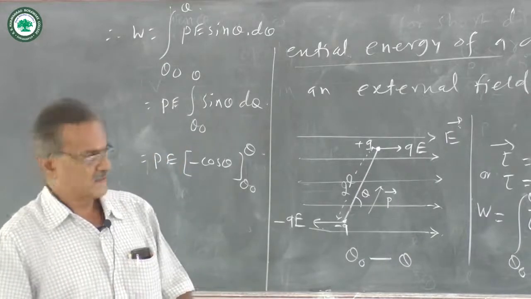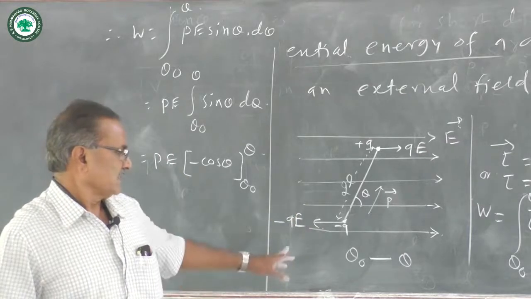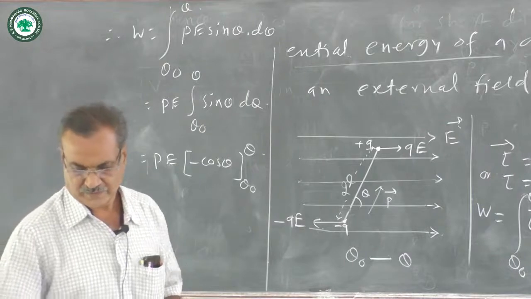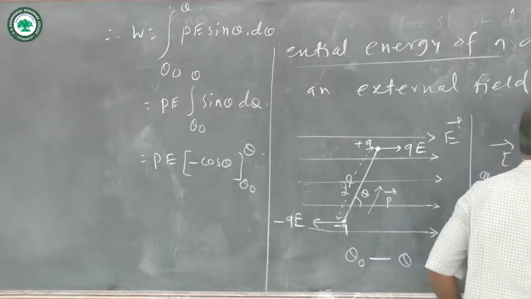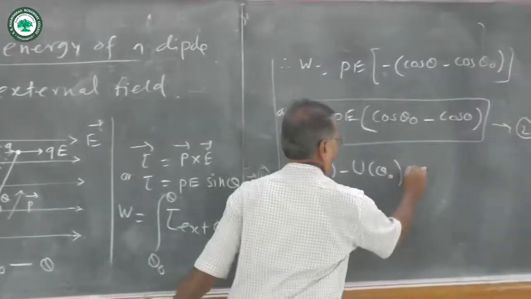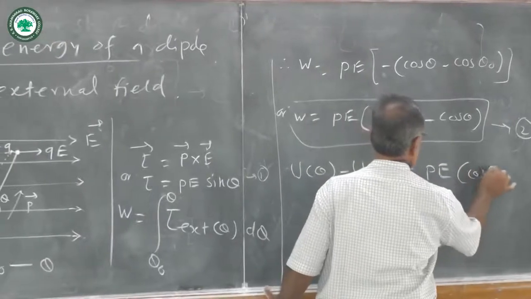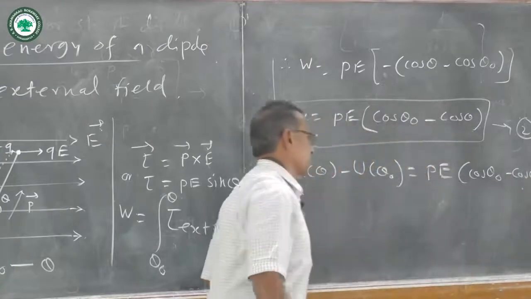Now consider the initial angle theta 0. So we can write potential energy U of theta minus U of theta 0 is equal to PE in bracket cos theta 0 minus cos theta.